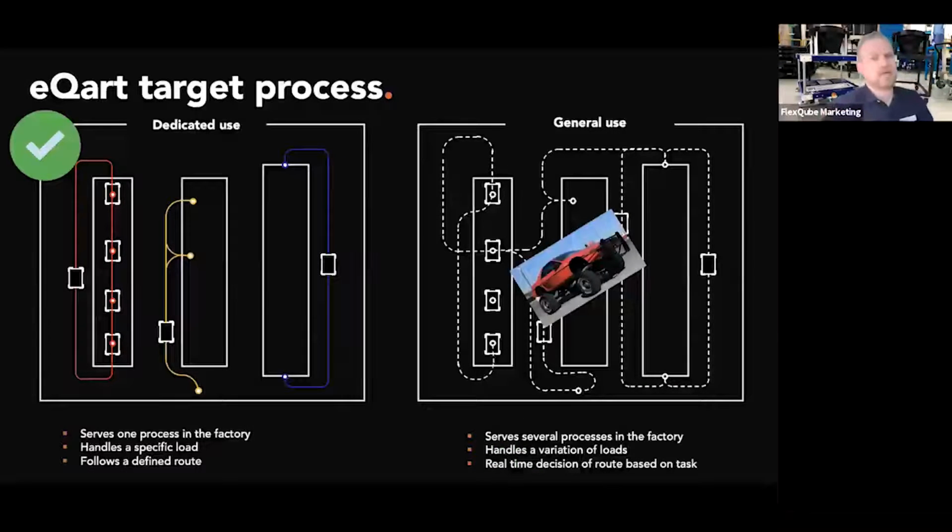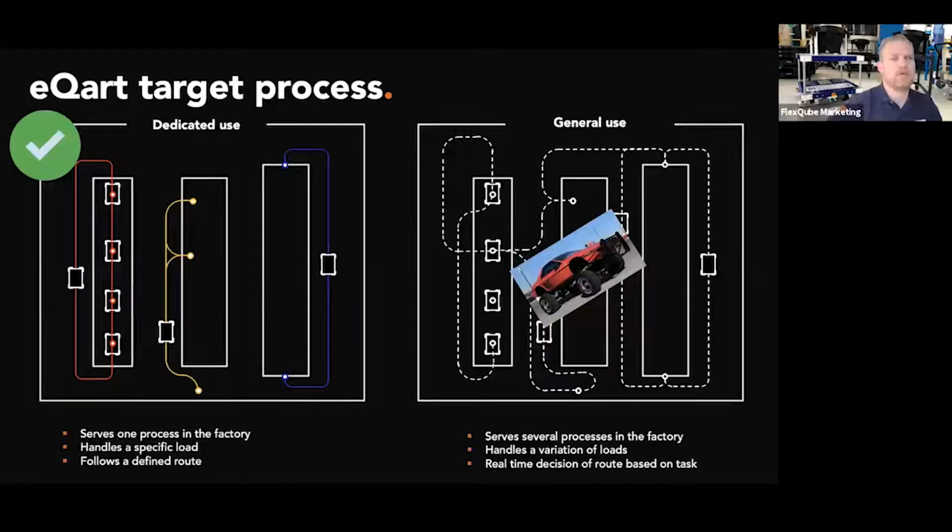This is also a very important slide because if you look at the automation process, you can have two main categories. You can decide to use dedicated flows. That means that you focus on one process at a time.